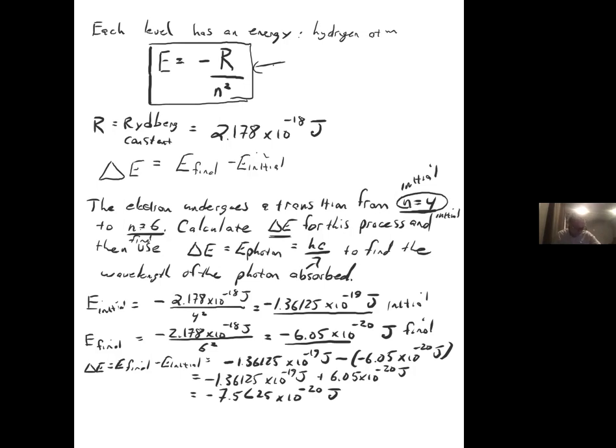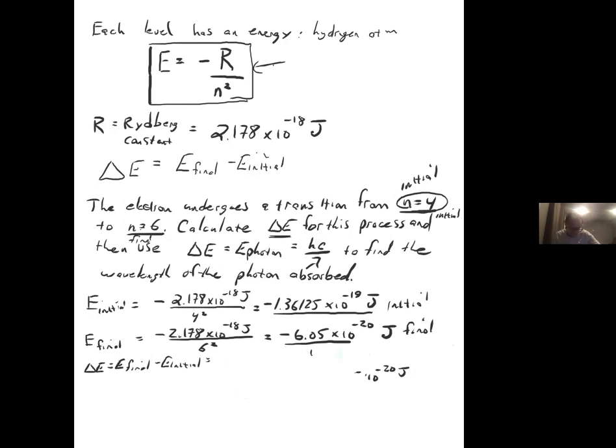So let me do the delta E again. So it's final minus initial. So minus 6.05 times 10 to the minus 20 joules, minus a minus, which is plus 1.36125 times 10 to the minus 19 joules.